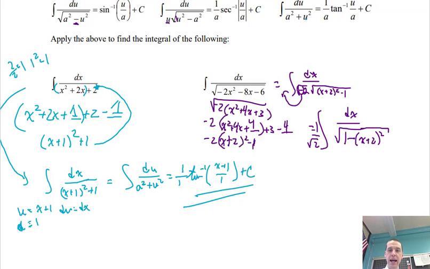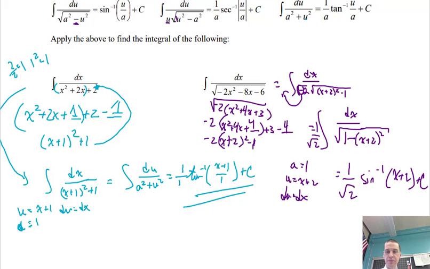Now you can see that our a is 1, our u is x plus 2, du is just dx, that's a good thing, and so now I'm going to rewrite that as 1 over the square root of 2 times sine inverse of u, x plus 2, over a, which is 1, plus c.